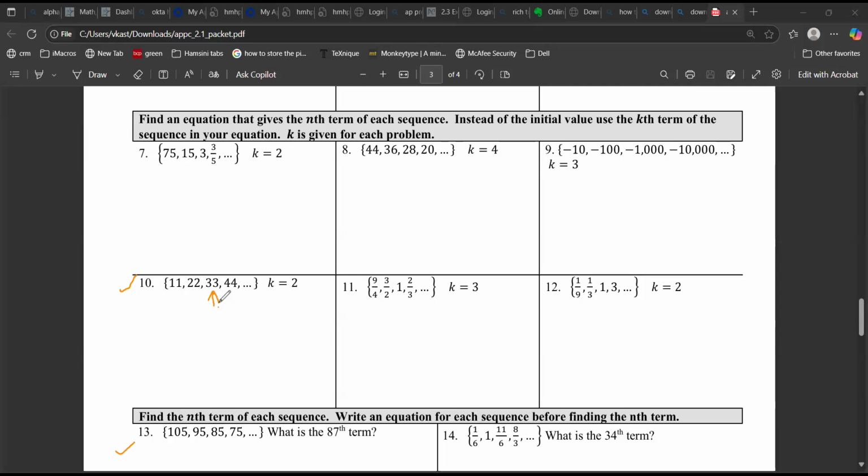Whatever is in the parenthesis, they have started with a first term. Why? That is confusing. But these questions will come in the AP Pre-Calc exam as this. Find an equation that gives the nth term for each sequence. Instead of initial value, use the kth term in the sequence in your equation.